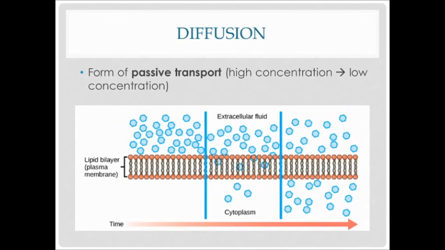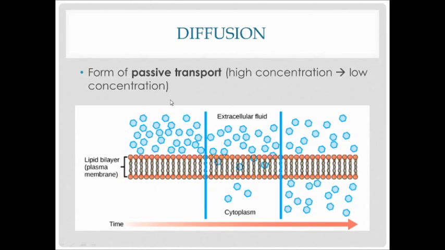Diffusion is our first form of passive transport that we will talk about, meaning that it does not require energy. So with passive transport, solutes are going to move from an area of high concentration to low concentration. That's along a gradient. So you can see here that we have our lipid bilayer. We have a high concentration of solutes in the extracellular fluid and not many in the intracellular fluid.